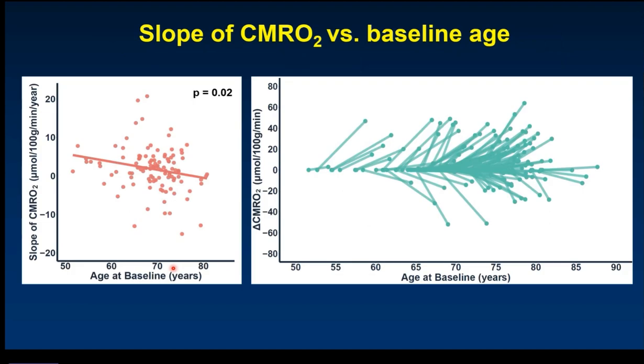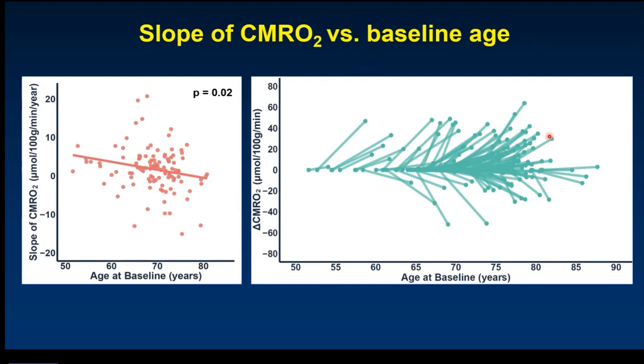So we further investigate the slope of CMRO2 change with time, and we found that the slope of CMRO2 change with time is negatively related to the baseline age. That is to say, when people get older, their CMRO2 will start to decrease.